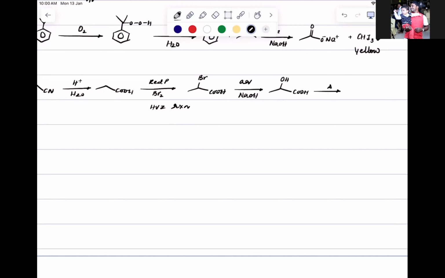So this is the product which you will get with O here, and here also with O, double bond O. So esterification. This is the product formed.